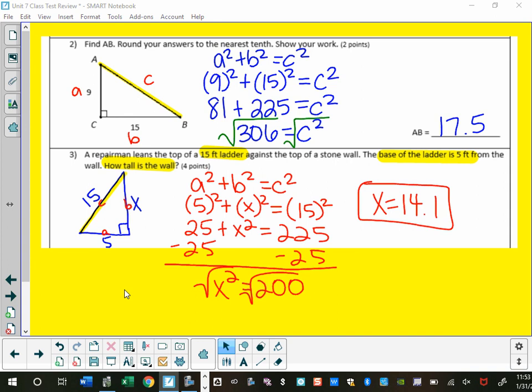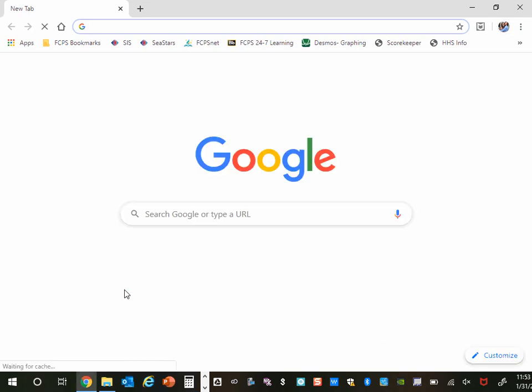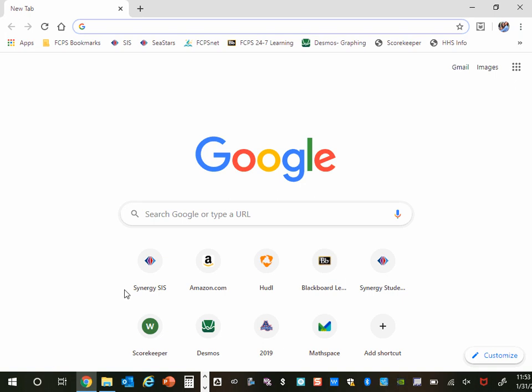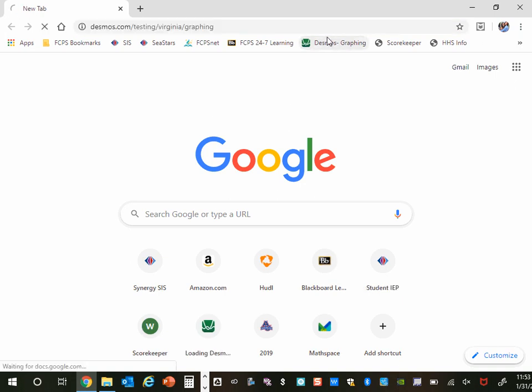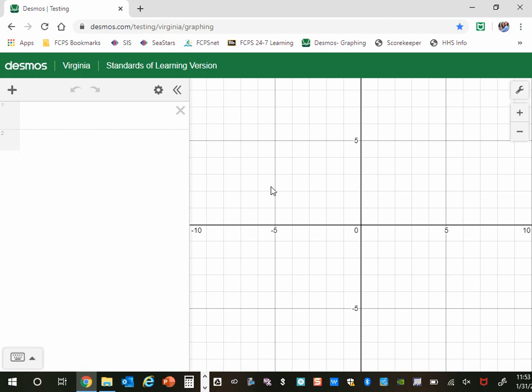So you guys will probably have to test during Stinger. We don't have Stinger till the next week. We'll have to figure out when you guys can test. Can you stay after school if you need to? Maybe. I'd rather you not go too long without taking this test. So if you can take it Monday or Tuesday after school, that'll be good. All right, we'll talk about that in a little bit.